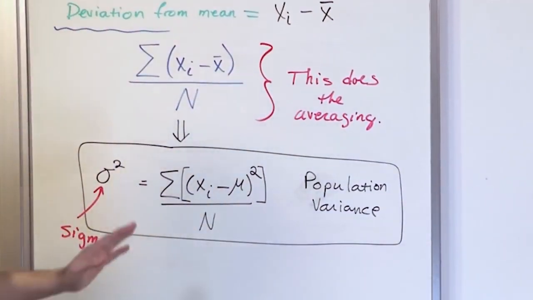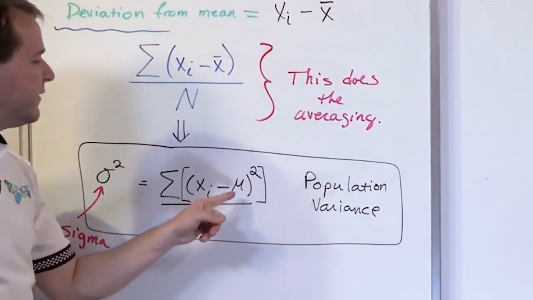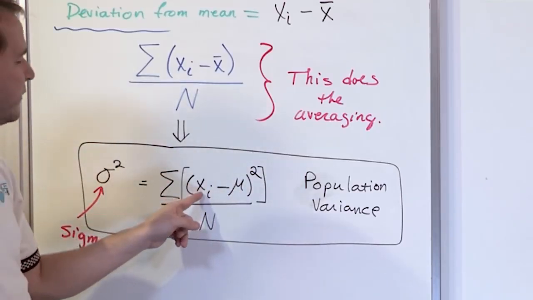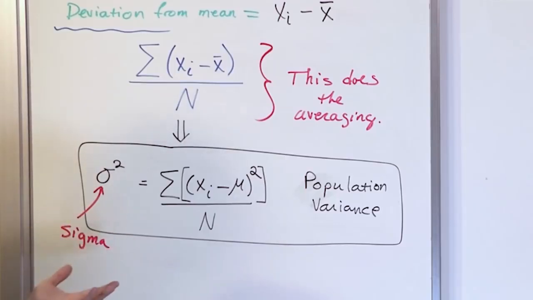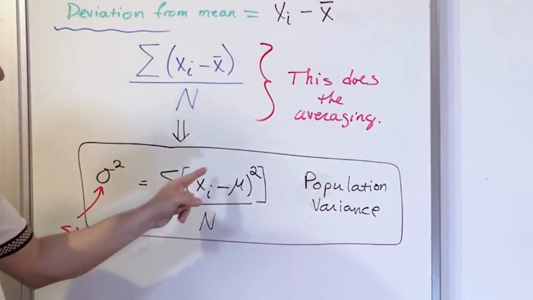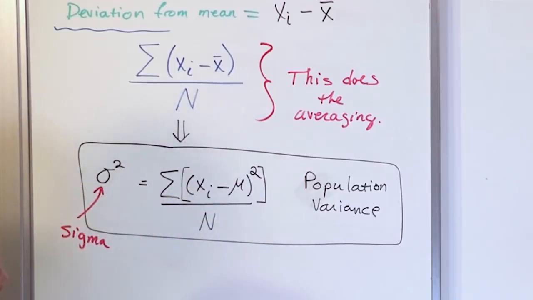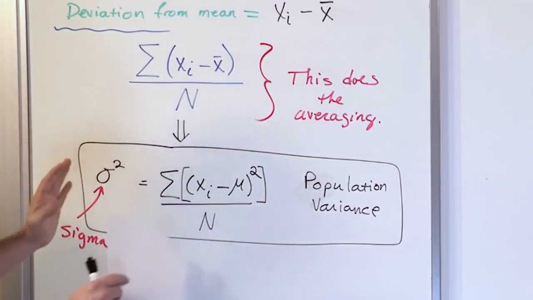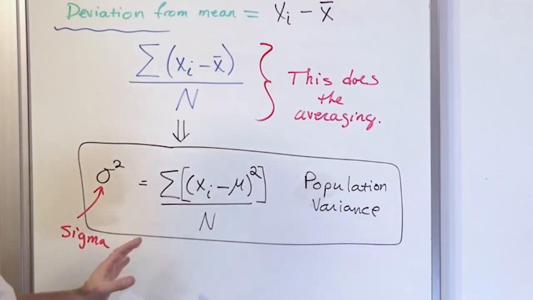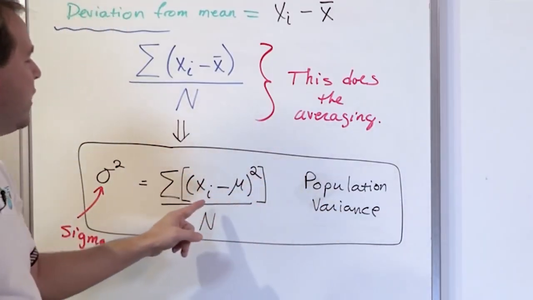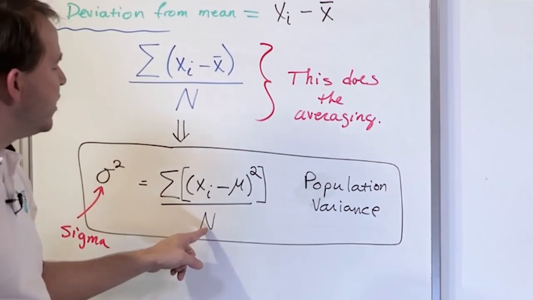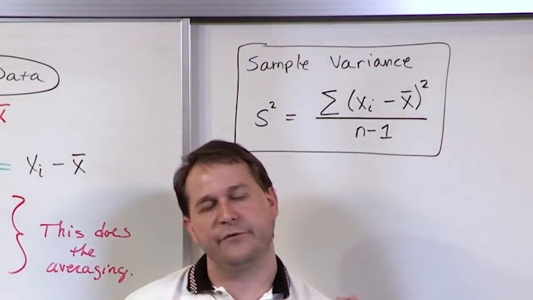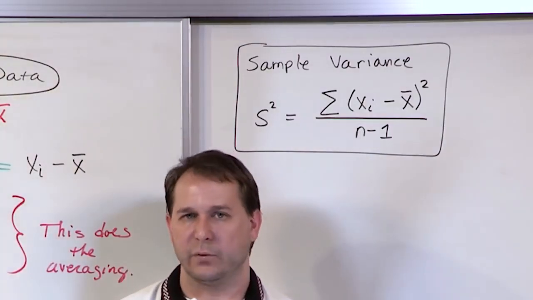That's how you do that calculation. For a population, which is everybody, if you knew the actual population mean, and if you knew every single data point of the population, like every person in the United States of America, then you could calculate the population variance, which is denoted by sigma squared. So in both cases, the calculation is very, very similar. It's just that in the population case, we are dividing by the number of people in the population. In the sample case, we're dividing by the samples minus 1. But fundamentally, it's the same sort of thing.